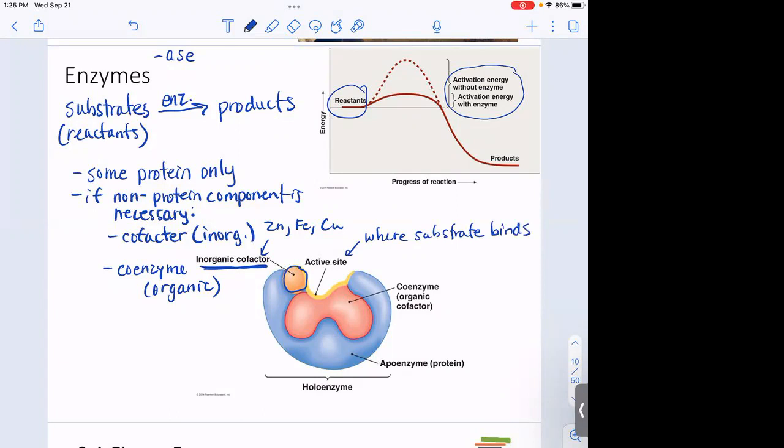Likewise, if it needs something that's organic, it might be like a vitamin, in order for the active site to have the right shape, then we call that a coenzyme. Just a little terminology: when you talk about just the protein part of the enzyme, it's correctly called an apoenzyme. And if you include any cofactors or coenzymes, then we call that the holoenzyme.